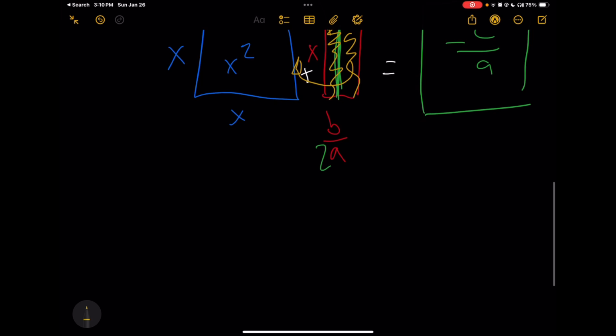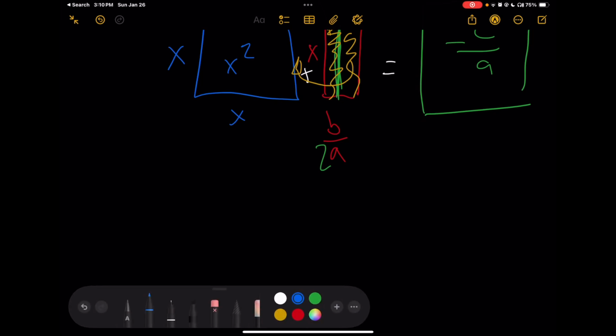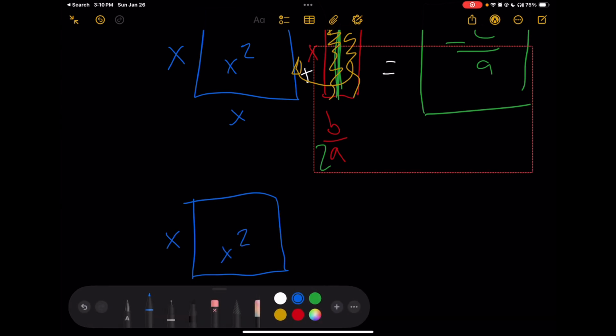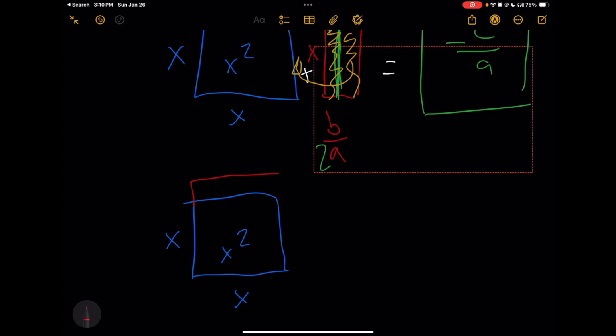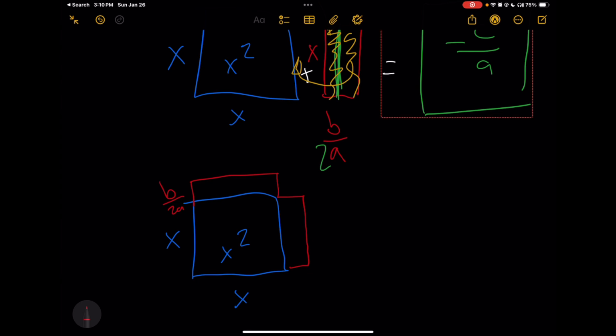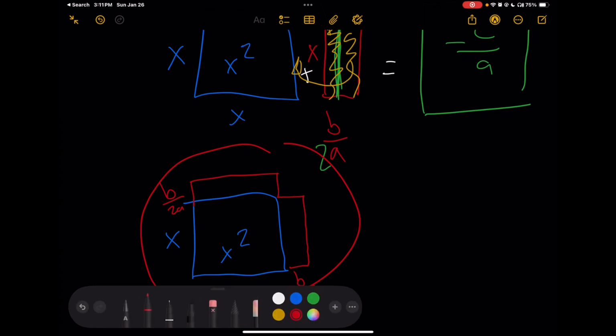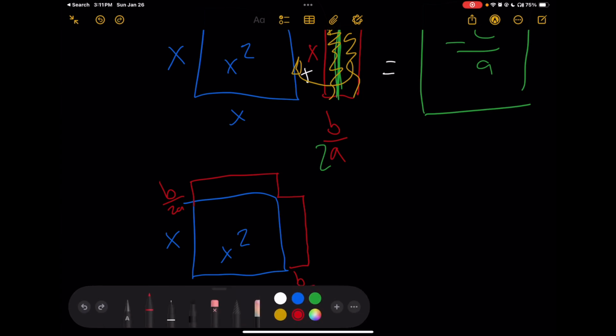So then we're gonna get a new square rectangle-ish shape that's x squared, and then we have this little rectangle with b over 2a, and we also have that here, which is b over 2a.